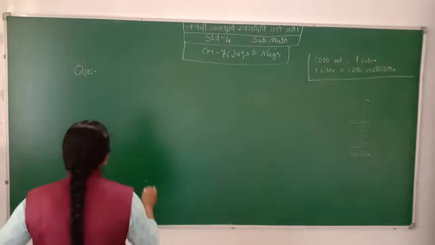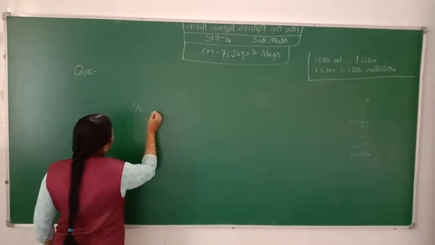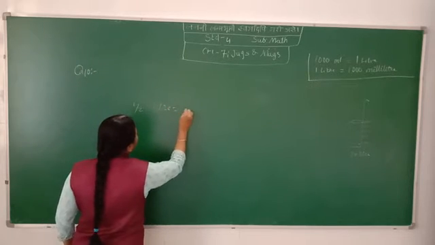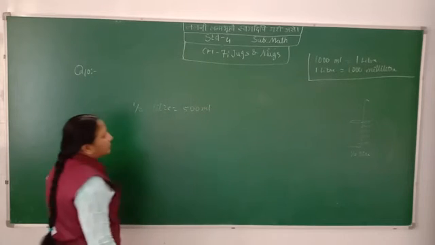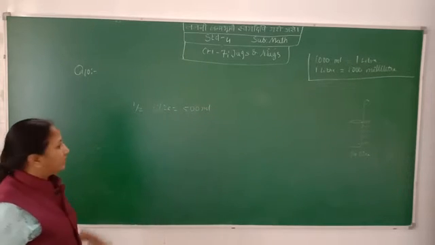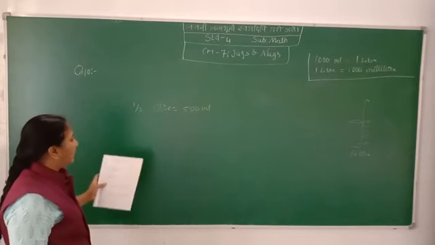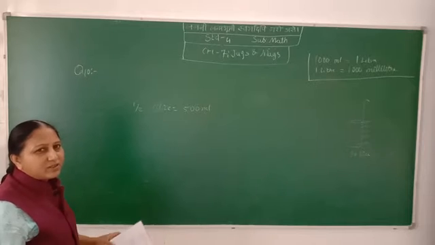So how will we calculate this? Half liter equals 500 ml. Why? Because 1000 ml equals 1 liter. So how much will half liter be? It will be 500 ml. What is the capacity of the vessel?